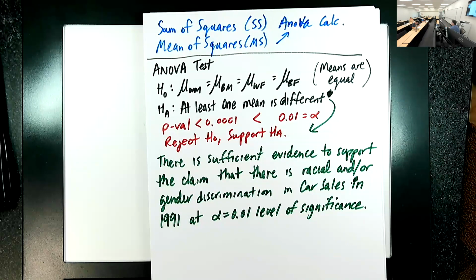Also for H naught, are the means equal specific to this question, or is that across every ANOVA? For every ANOVA, the means are equal. So H naught is like mean of white man, black man, white female, black female. Are those all added up together?